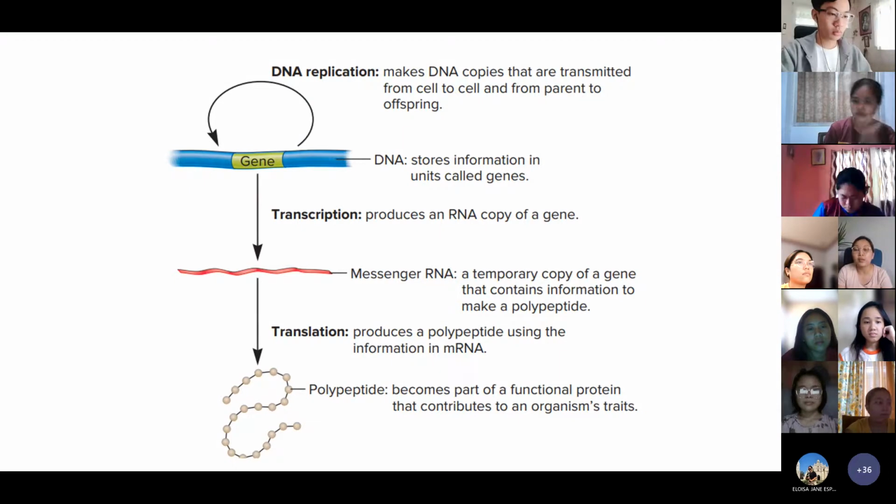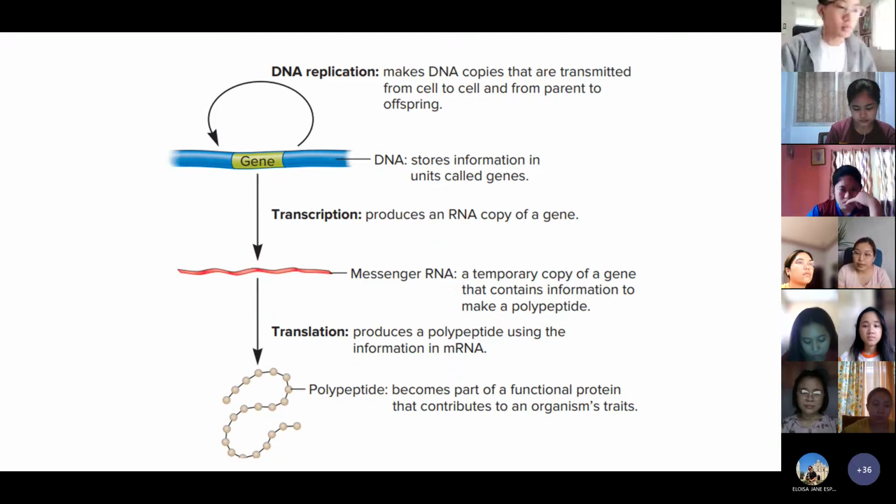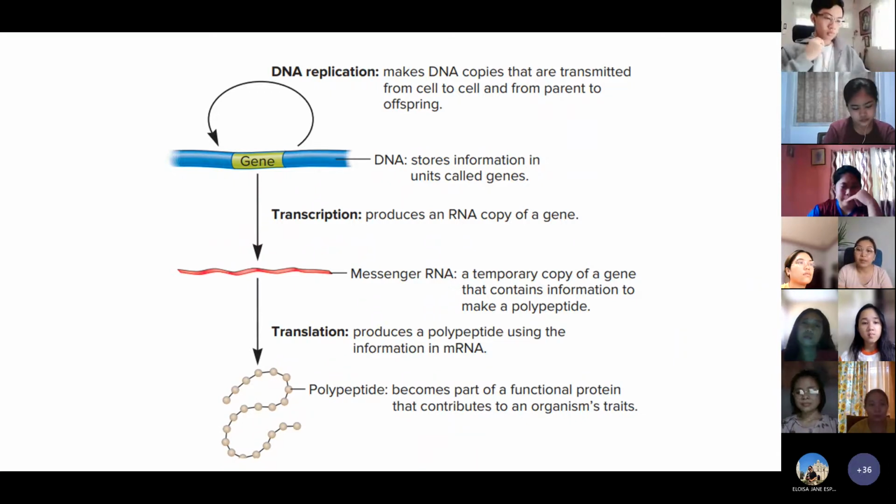What is a gene? What is genetic material? What are RNA and DNA? What are nucleotides? That's what we need to remember, because they are our basis in learning the more complex studies, may it be in genetics, biology, or chemistry.